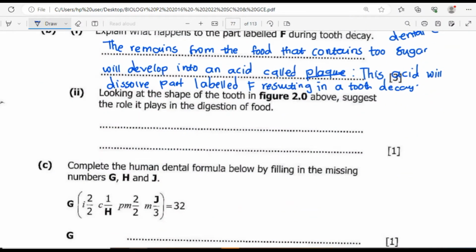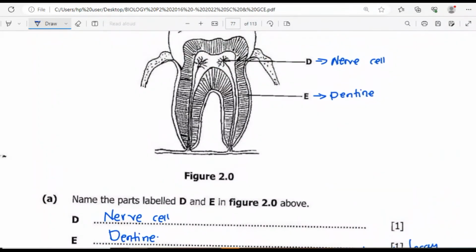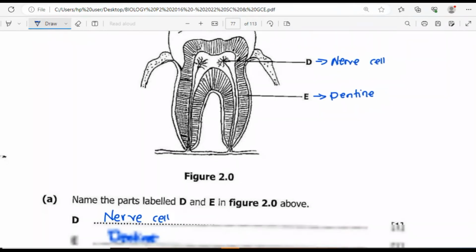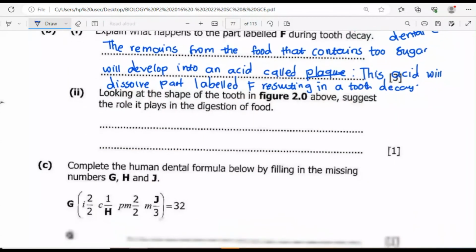Then looking at the shape of the tooth in figure 2.0 above suggests the role it plays in digestion. In digestion, we are definitely looking at physical digestion, because physical digestion has to do with the breaking down of food by physical means, with the help of the teeth. By looking at the shape, we can tell that this should be a molar or premolar.